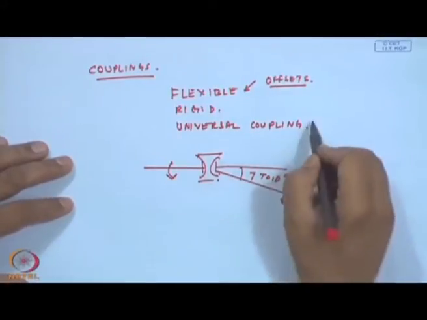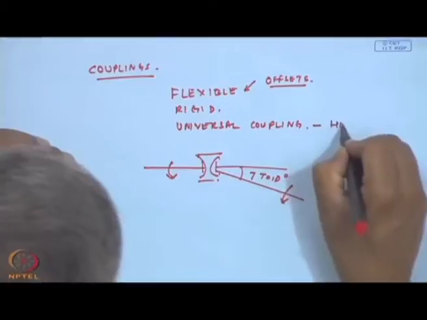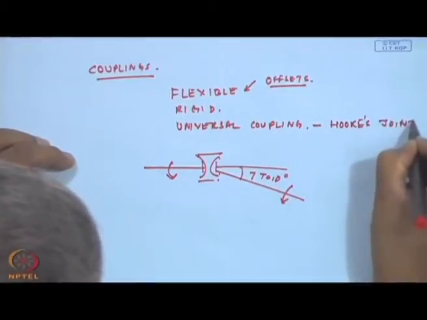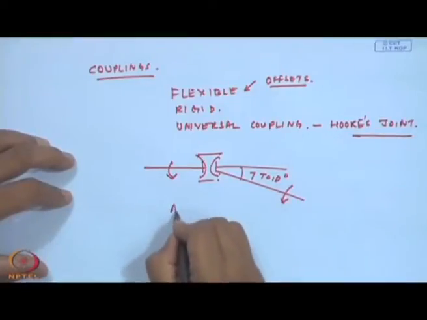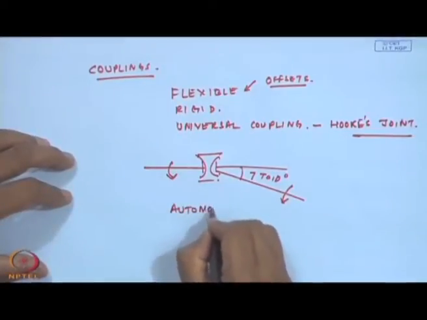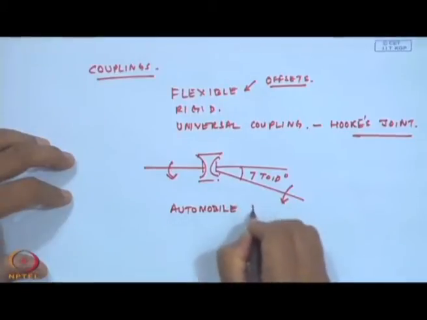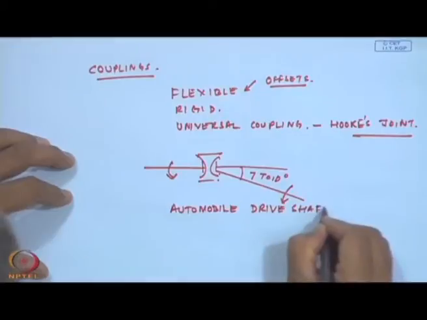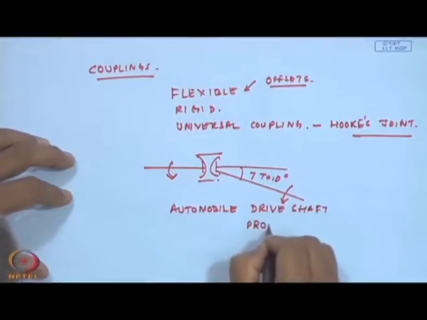A good example of universal coupling is what we know as Hooke's joint in the automobile drive shaft, or sometimes it is known as the propeller shaft.